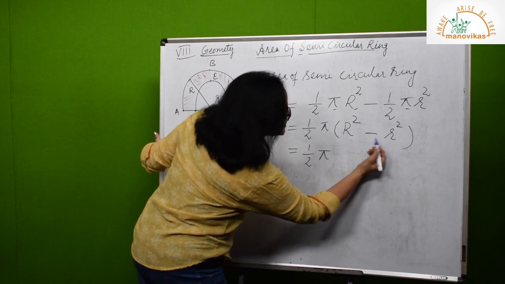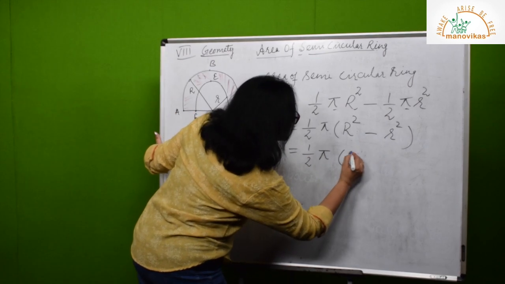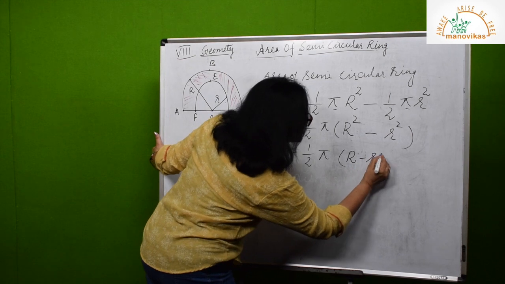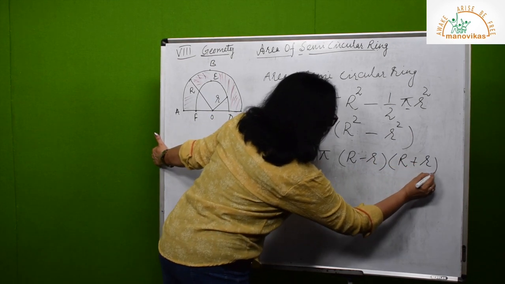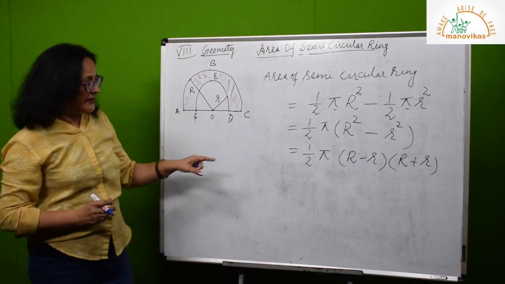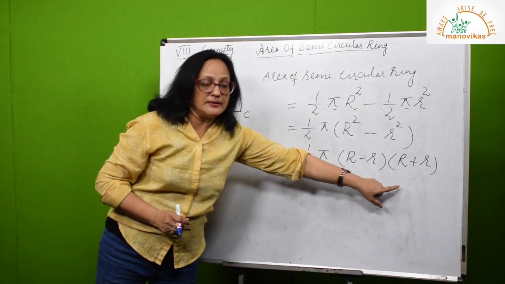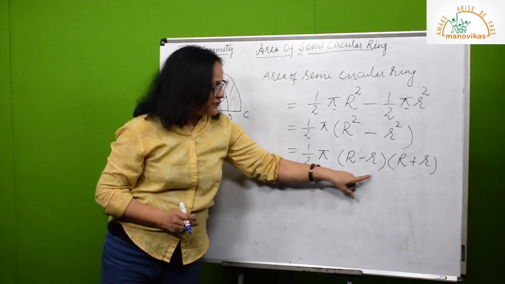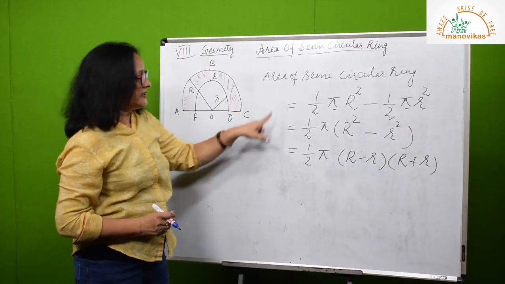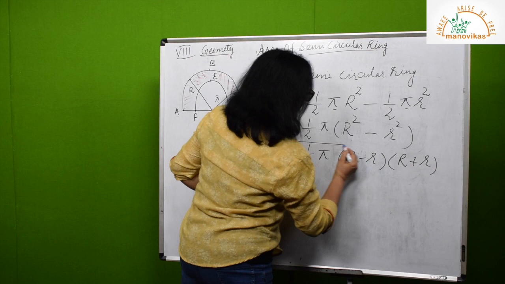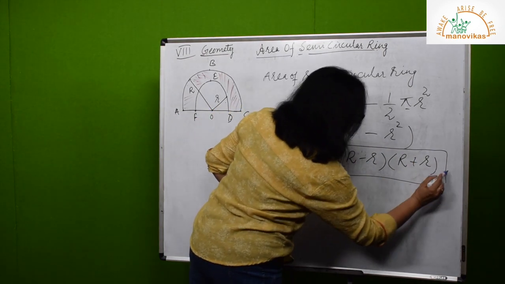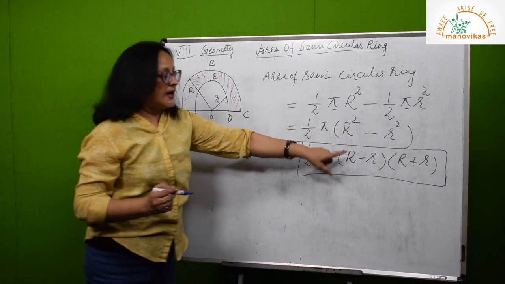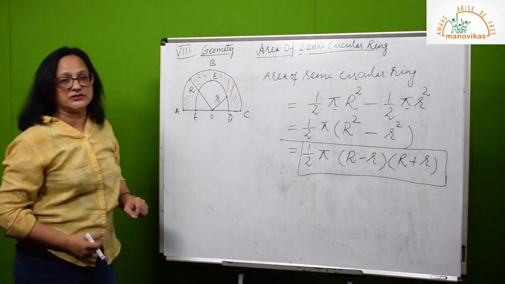As you know, the identity for a square minus b square is (R minus r) times (R plus r). If we use the identity here, your calculation becomes much easier. So we will use this formula for the area of the semicircular ring. This is the formula. Now I will show you how this identity makes your calculation easier.